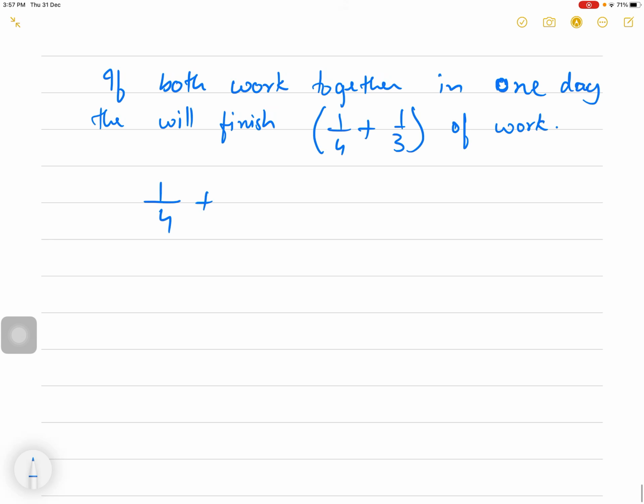Now 1/4 plus 1/3 is equal to 3 plus 4 divided by 12, which is 7/12.